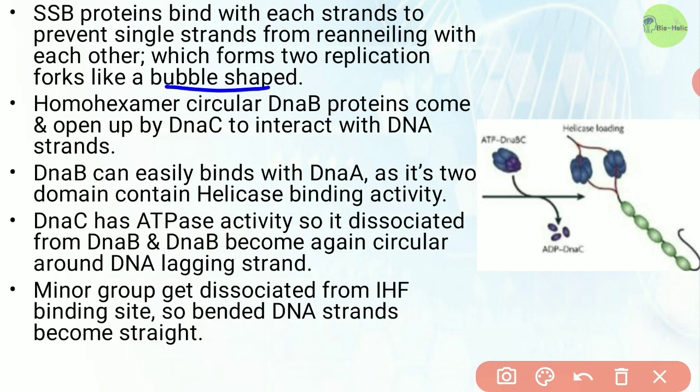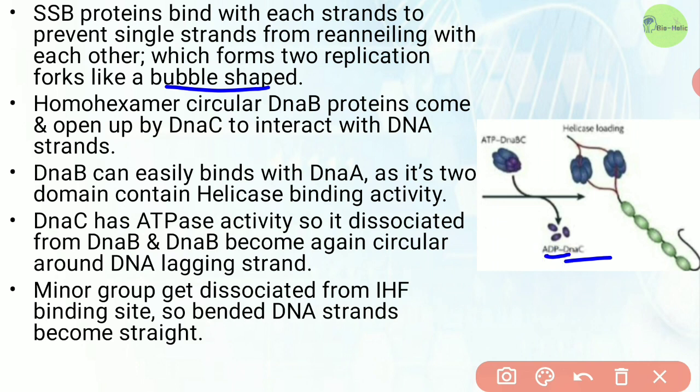Okay, and now the homohexamer circular helicase or DnaB protein comes, but it cannot bind with the DNA strands because it is circular, isn't it? So how can it bind? So then circular DnaB opens up by binding with a helicase loader or DnaC protein, which is right now bound to ADP.